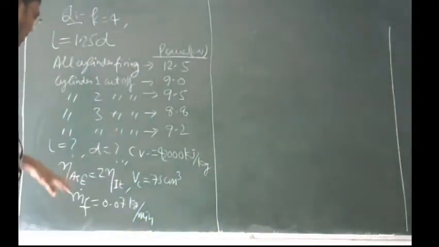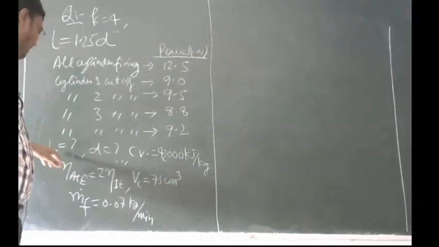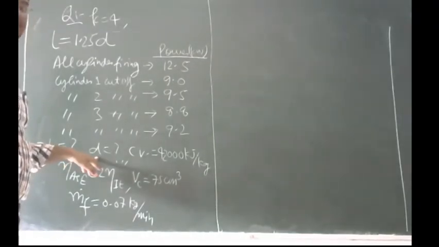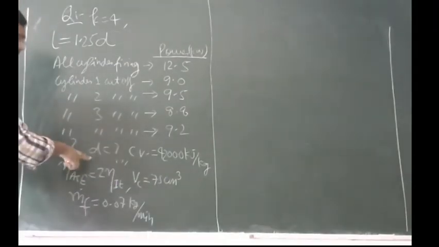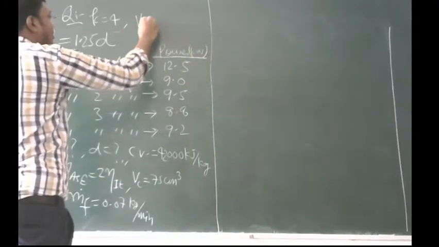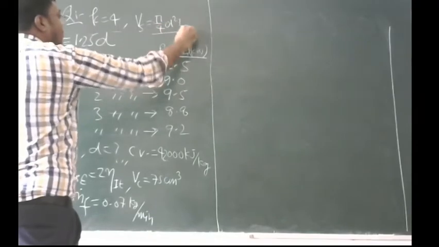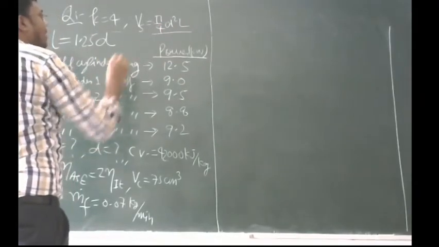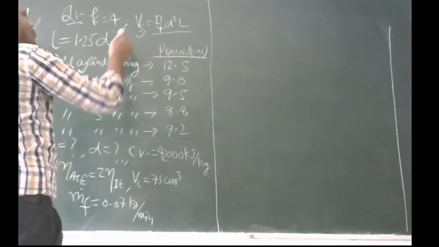So we have to find stroke length L and cylinder diameter D. If we find the value of stroke volume Vs, we know the formula Vs is equal to pi by 4 D square L. If we calculate the value of Vs, then we can easily find the value of D and L. But how do we calculate the value of Vs?